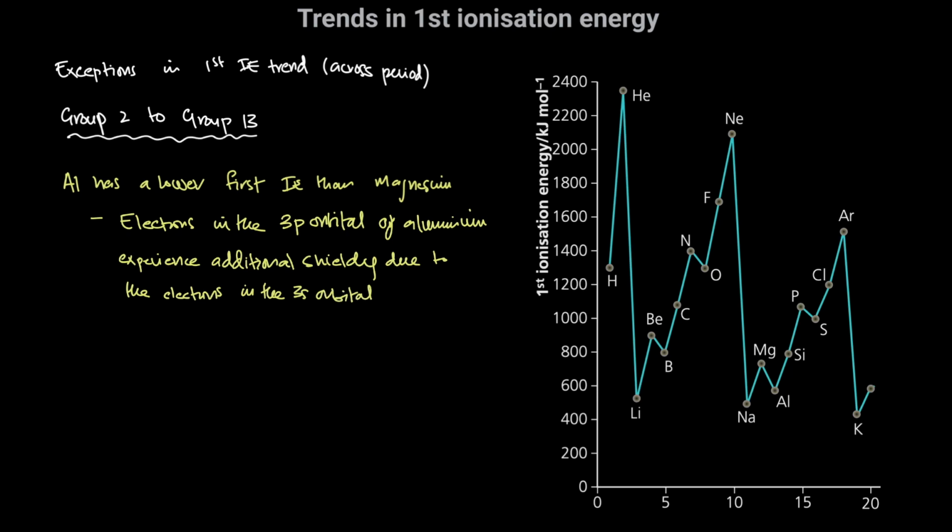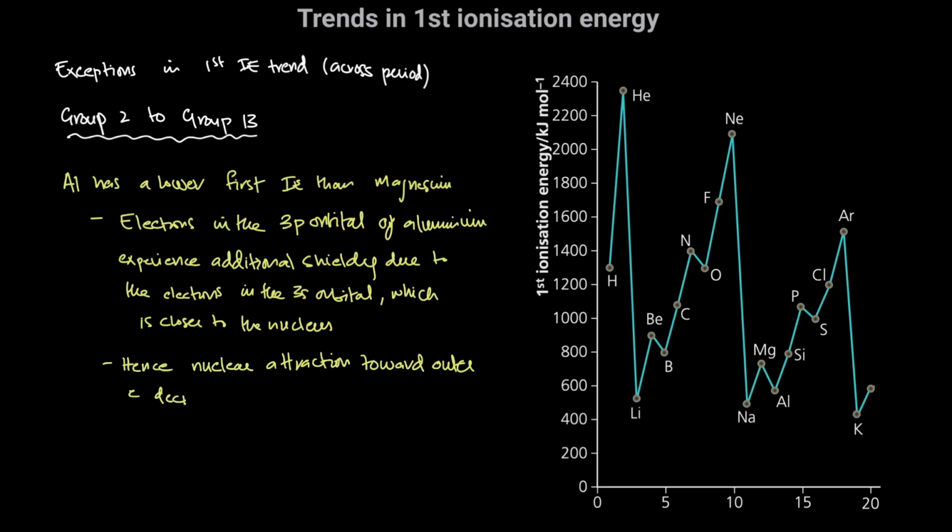And this 3s orbital, we know, is closer to the nucleus. So because of this additional shielding, the nuclear attraction towards the outer electron decreases and less energy is needed to remove it.